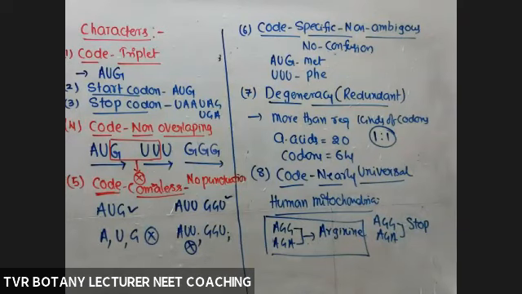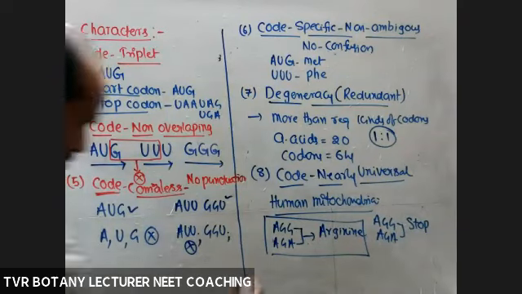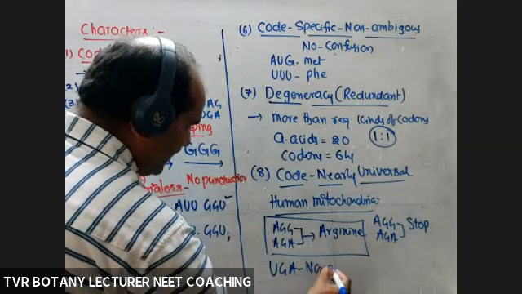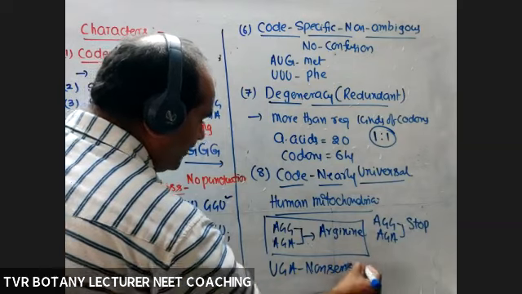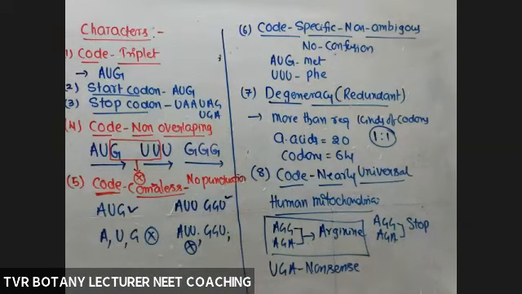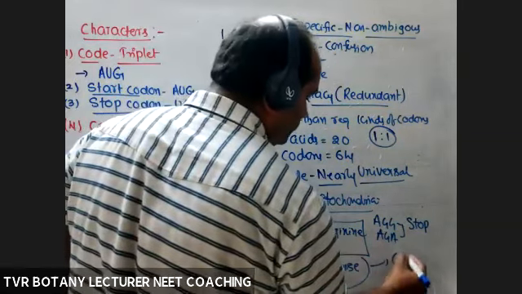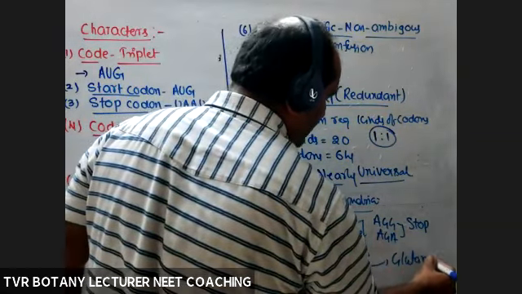Some deviations are there. And what about UGA? UGA is actually a nonsense codon according to the triplet codon concept. But in the case of animal mitochondria, it codes for tryptophan amino acid.